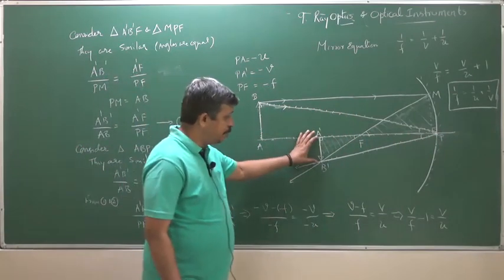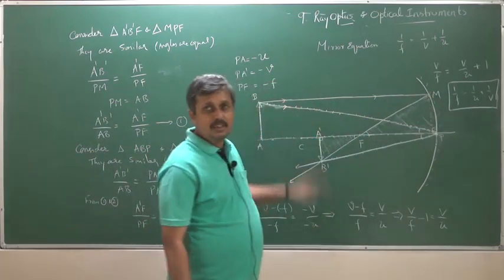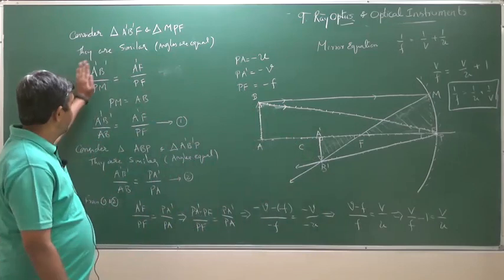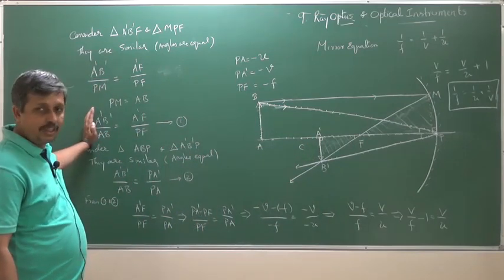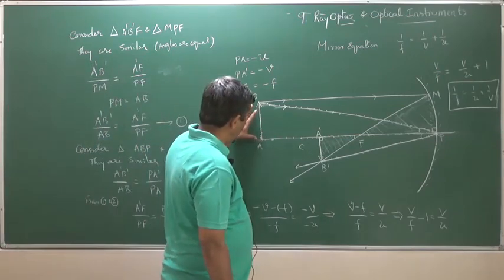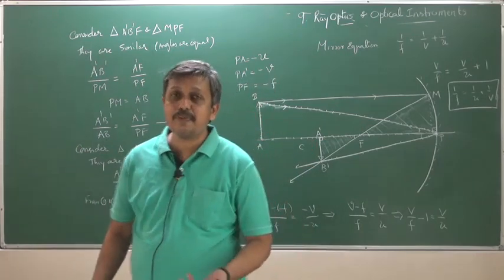Then you take A dash by this height. This is same as AB. So A dash by AB is what you finally want to find out, and you get this. And when you take the other two triangles, one involving the object, other involving the image, again you get A dash by AB.